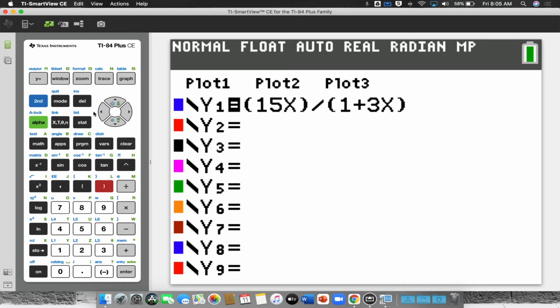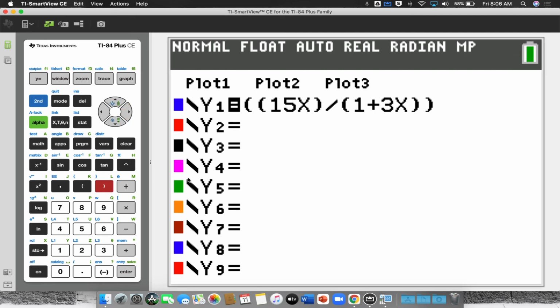And in fact, I'm going to put those in parentheses. So I'm going to go back to the beginning and insert more parentheses, and at the end, I'm going to put more parentheses.